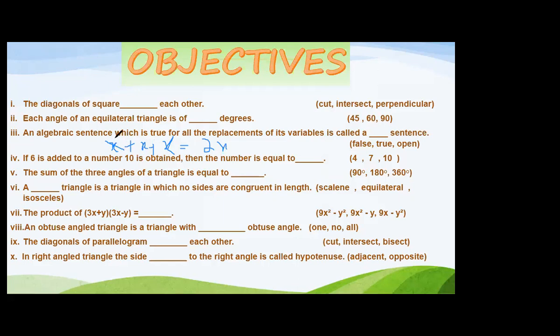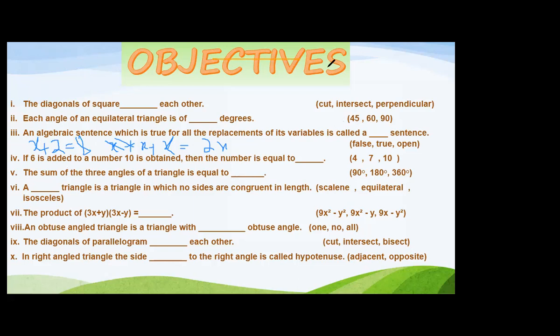And if I remove this, x plus x is equals to 2x, is it true or false? Miss, true. Very good. True sentence. One more question. If I ask you that x plus 2 is equals to 8, what about this? Open sentence. Shabash.